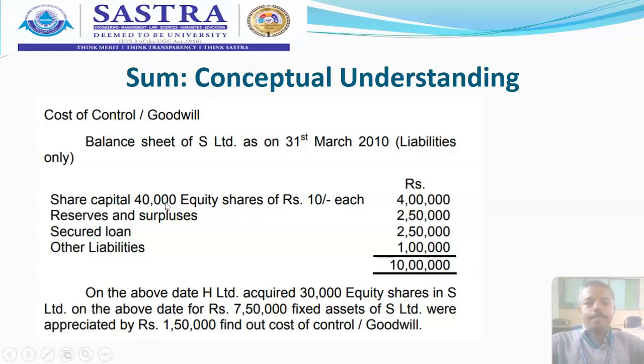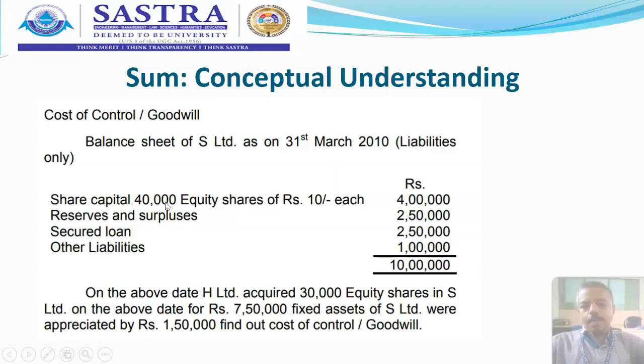On the above date, H Limited, which means the holding company. So here we use the term H to refer to holding and S to refer to subsidiary. Most of the sums in books also follow similar letters, so that we do not get any confusion from different names like A, B, C. So H refers to the holding company, S refers to the subsidiary company.